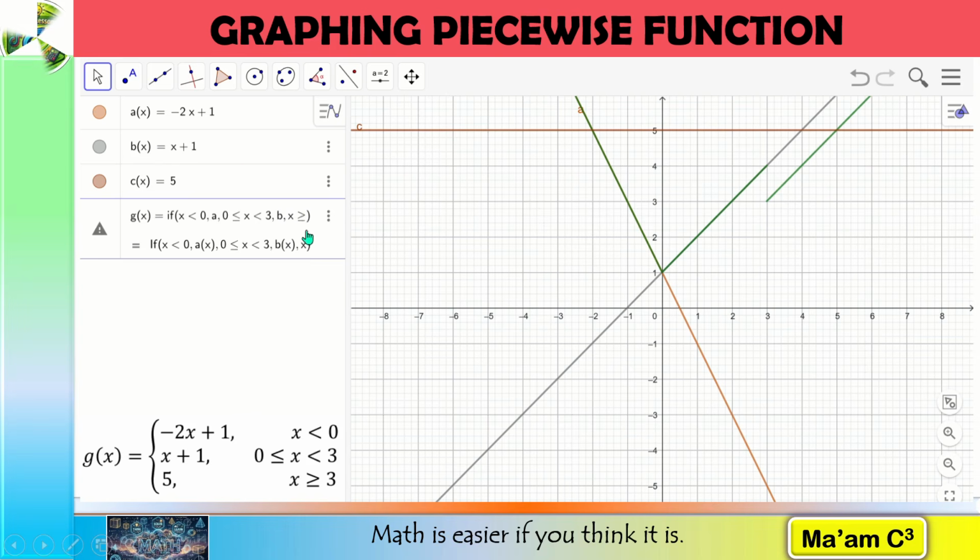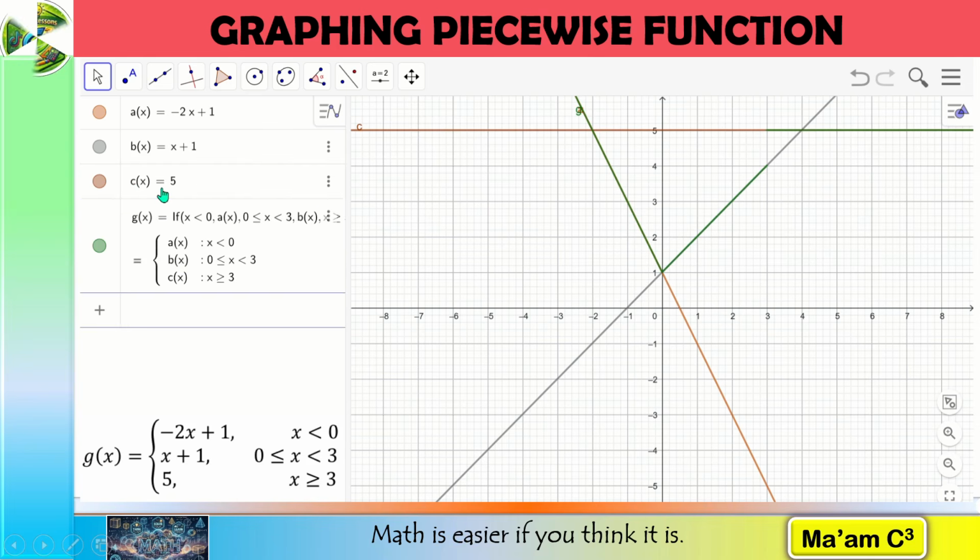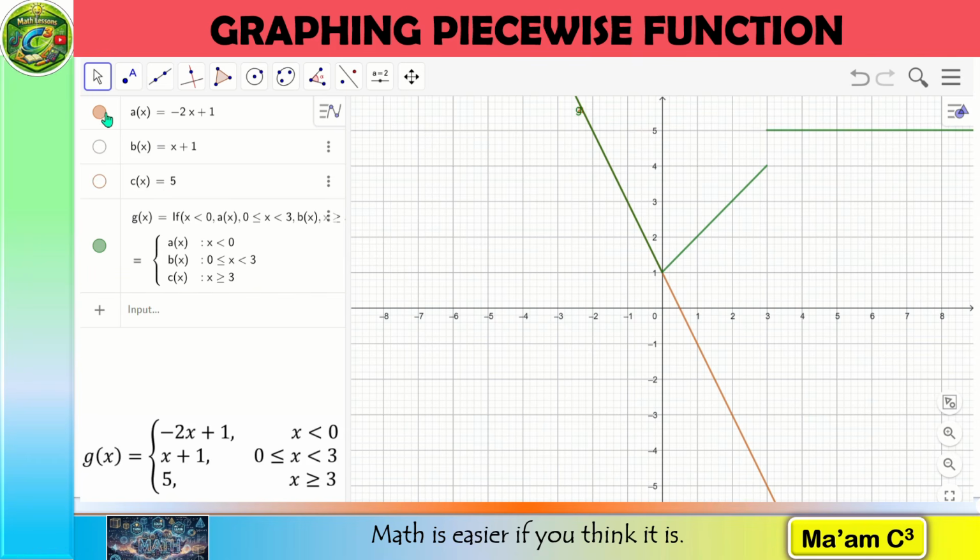It will transform to greater than or equal. And then 3, comma. And we use this condition for our c of x. So I'll key in c. And then enter. Now I'm going to untick this. And here is now the graph of our g of x.